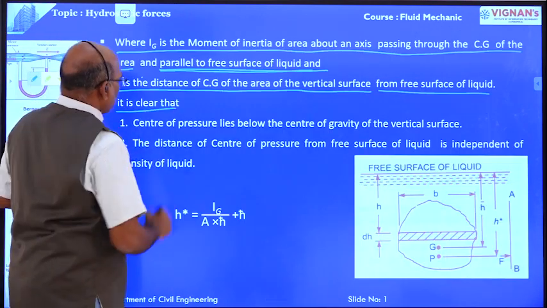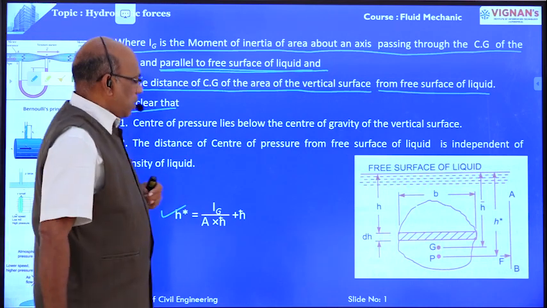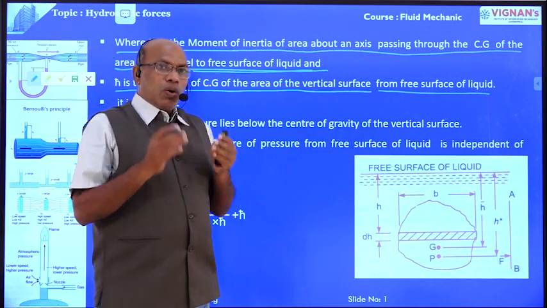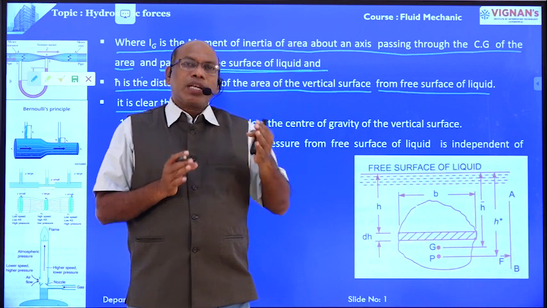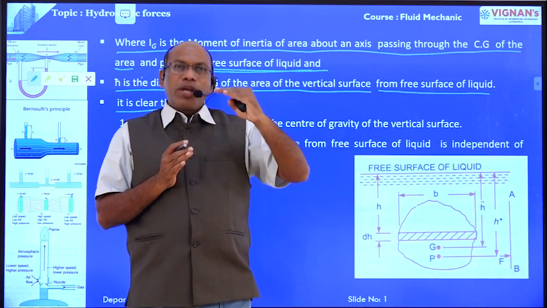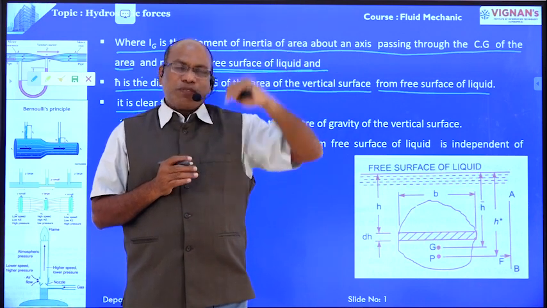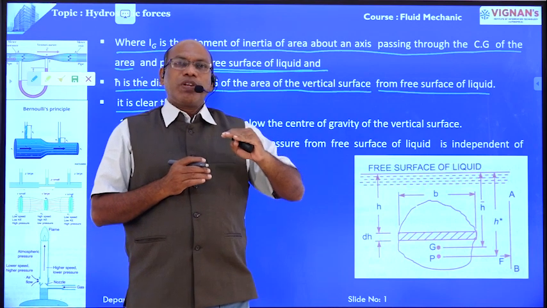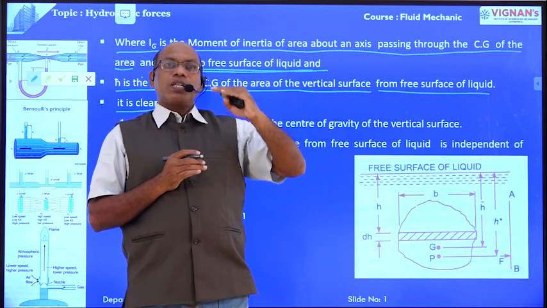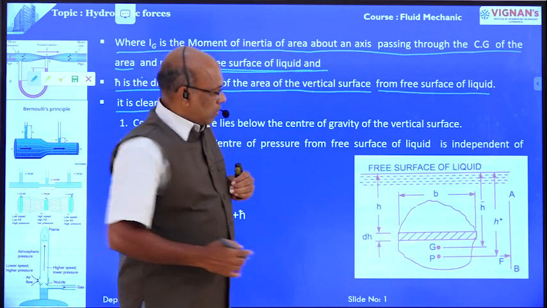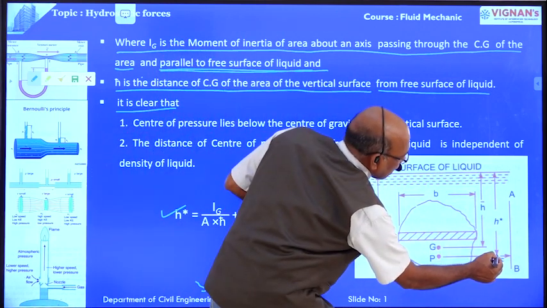Now it is observed that this is the equation we have. Already we know h bar is the distance between the centroid of the plane surface and the free surface. H star is the distance between the center of pressure, the point of application of total pressure, and the free surface.